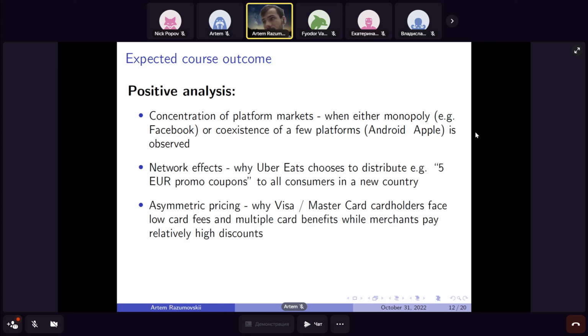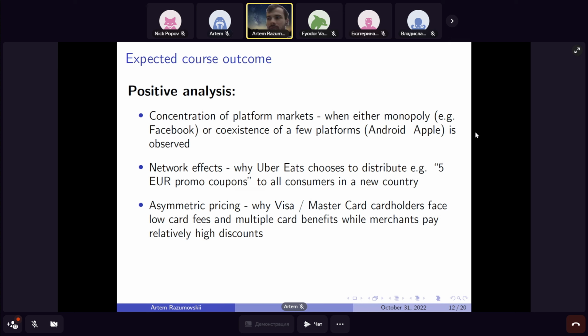Another crucial question is why the pricing on the platform is not symmetric. If you have two sides, then maybe you might think it's irrelevant which side you are on, you will pay the same fee.